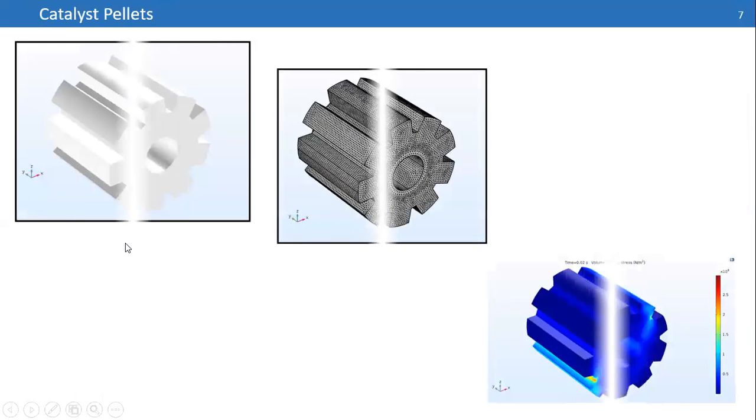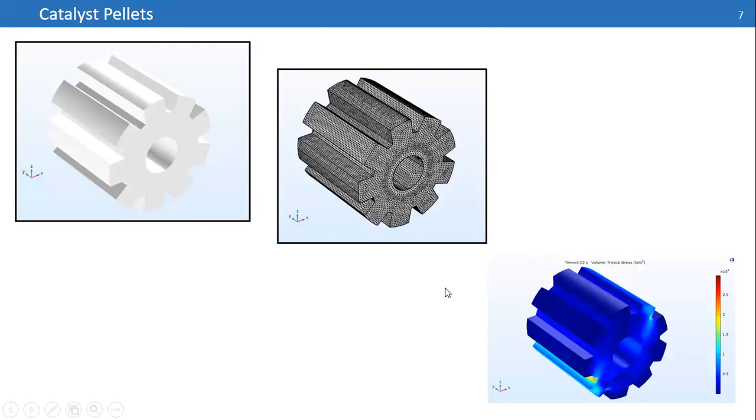One interesting thing is that we can simulate the behavior of not only the bed, but we can also define single particles and single pellets inside of our reactor, and we can investigate those particles separately.